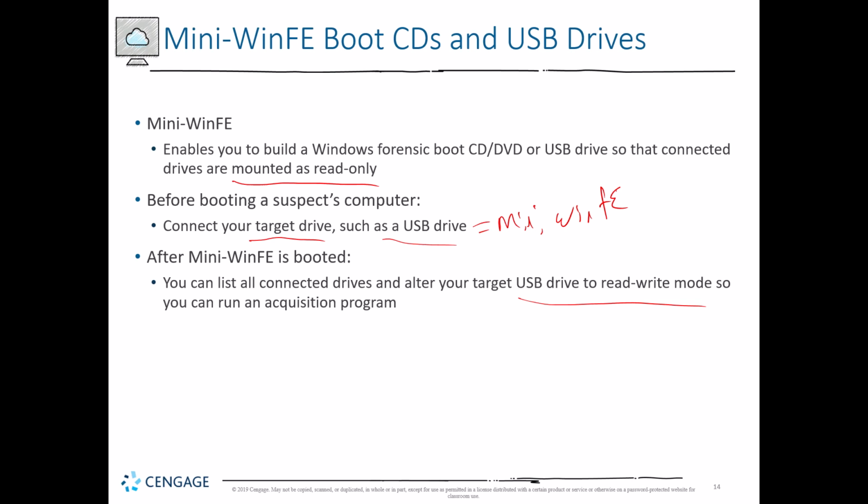You have to realize, especially in our acquisition portion, that the source evidence cannot be modified. There are Windows tools out there that may prevent it, both hardware and software. If we're doing it within the operating system, it's going to be software based. But verifying is important. With Windows, we have things like the Mini-WinFE.